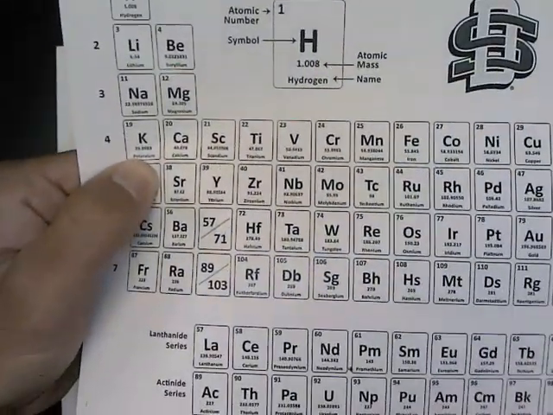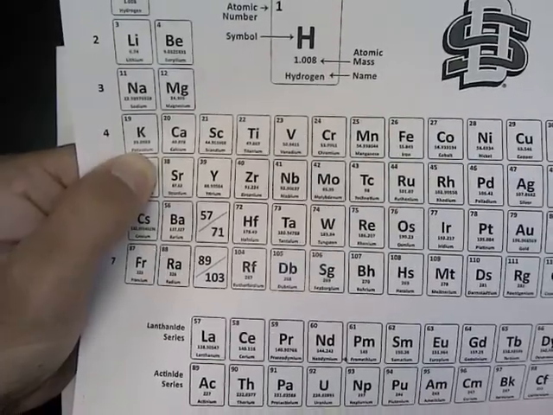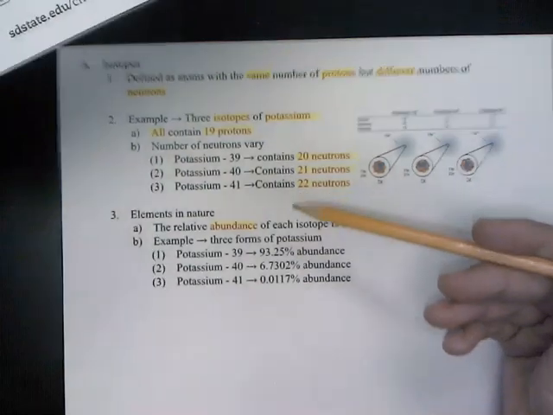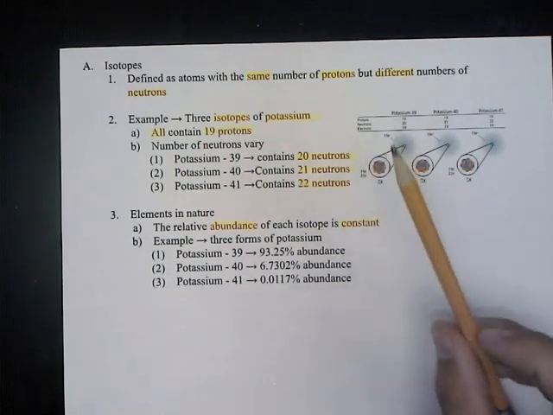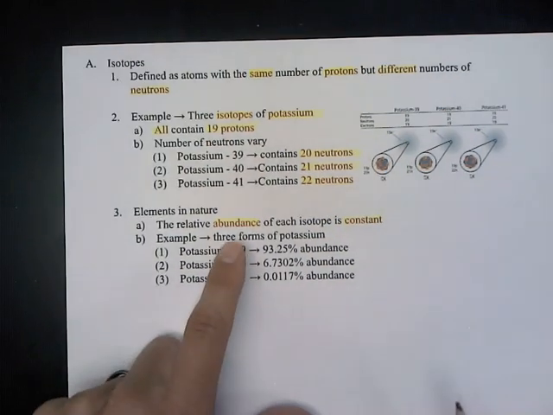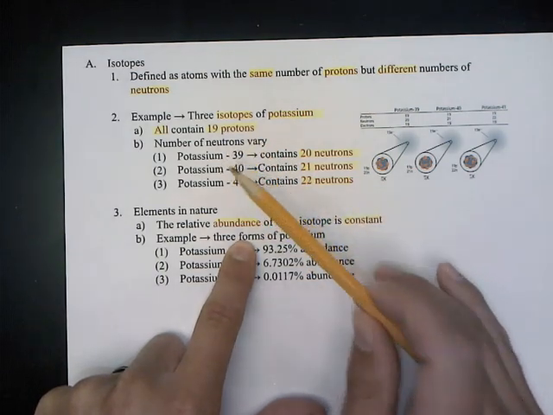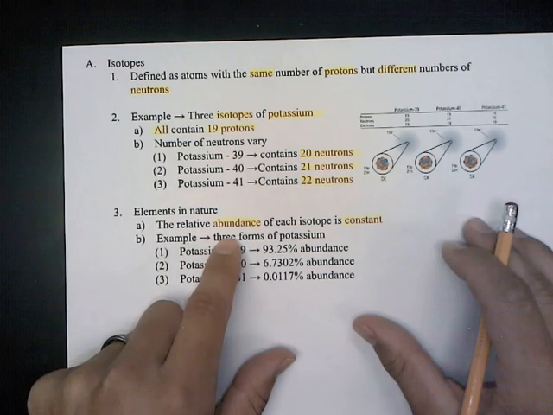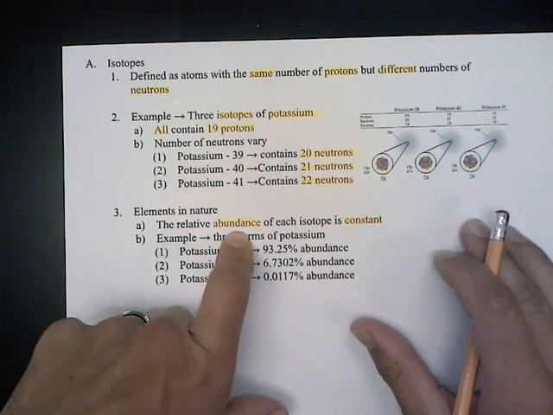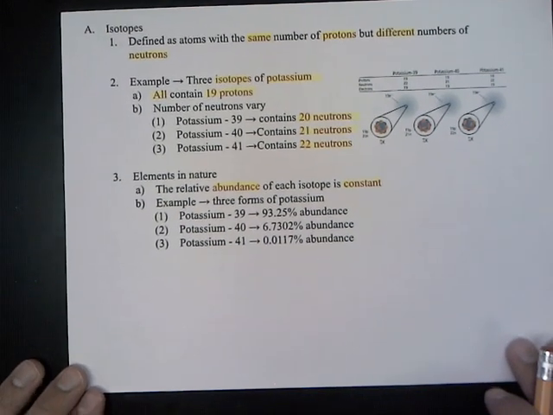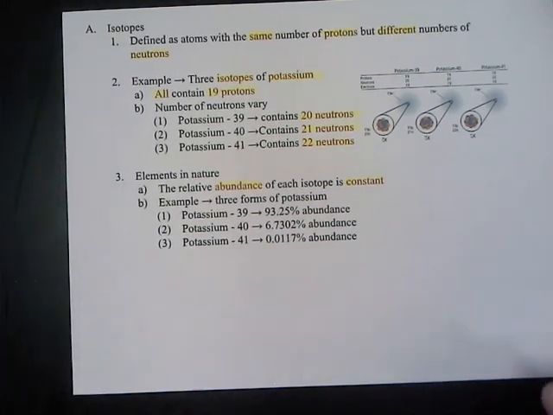Well, you may be wondering, if we had whole numbers here, how exactly do we get to this decimal number? Well, in reality, these isotopes, these different versions of each and every element, are going to have a different abundance. So there are going to be different amounts of that particular element in the Earth.